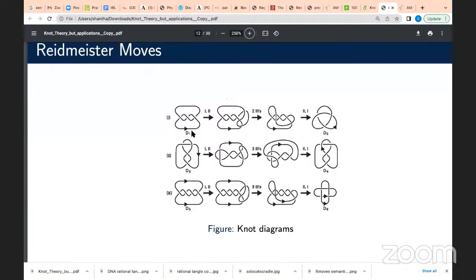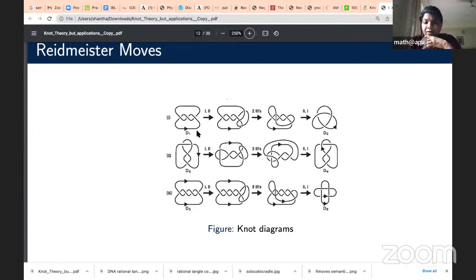Thank you, ma'am. Here we have also introduced arrows to tell us in what direction we are moving. It helps us understand the picture better. So this is called an oriented knot diagram. The point of what I'm saying, and this is a very deep result, is that to understand the equivalence of knots, it is enough to understand at the level of diagrams.